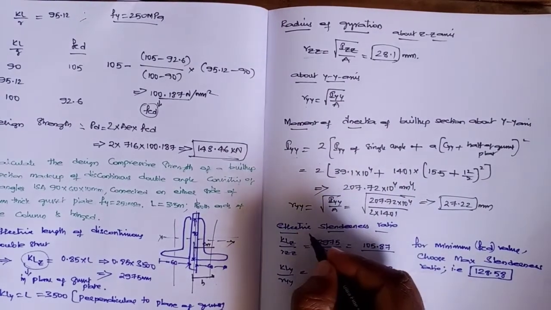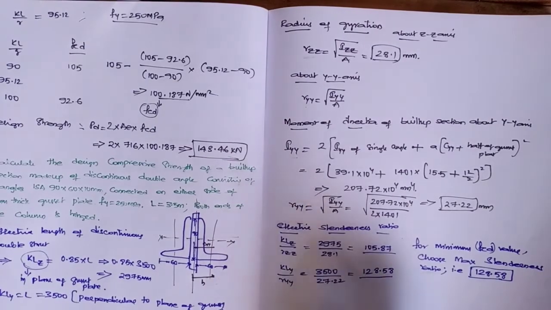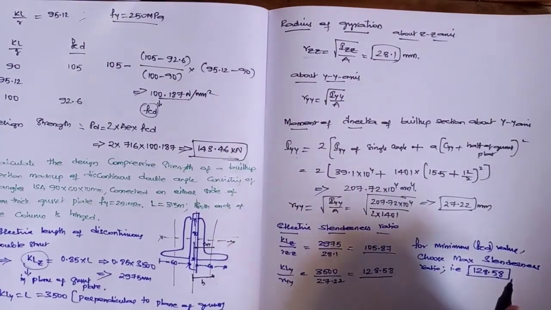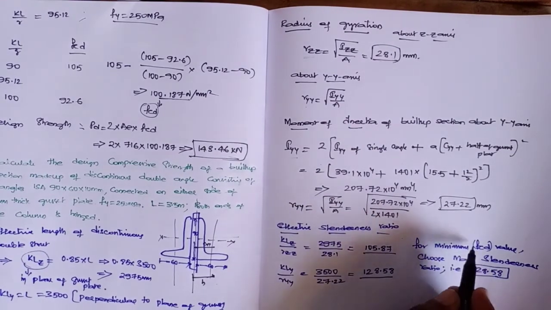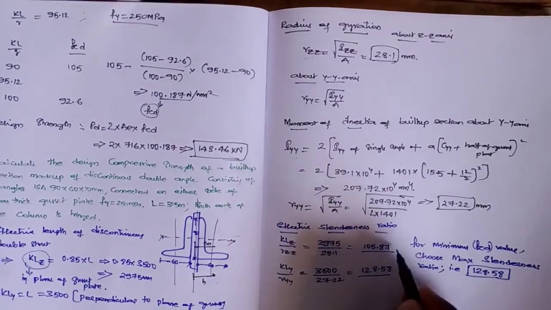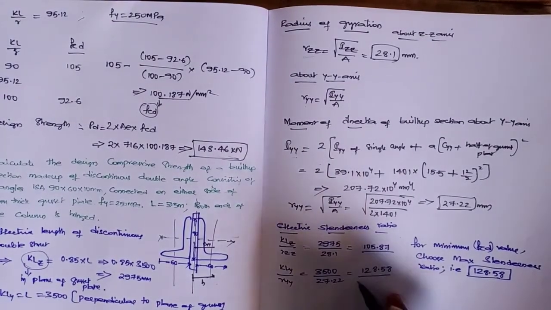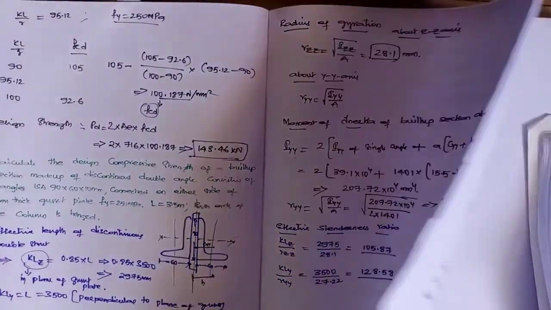After that you have gone for the effective slenderness ratio, KLZ by RZZ and KLY by RYY. Based upon our previous problems, to get a minimum FCD value, you have to take the maximum slenderness ratio. So from these two, the maximum is this one. Based upon that, the FCD value we have calculated from table 9C.